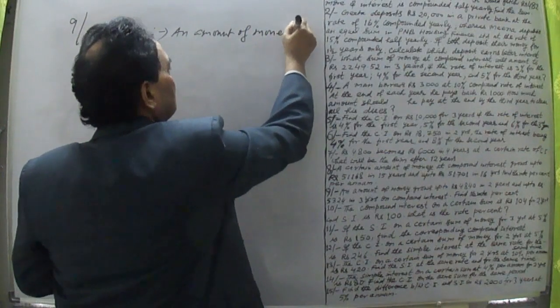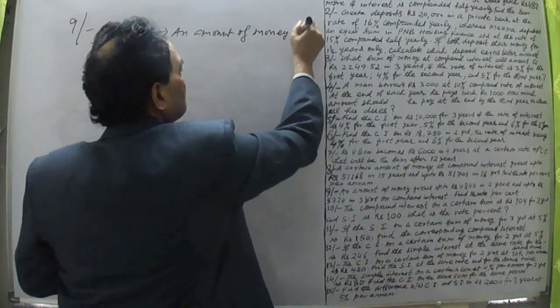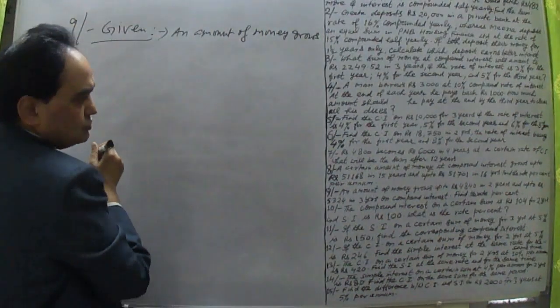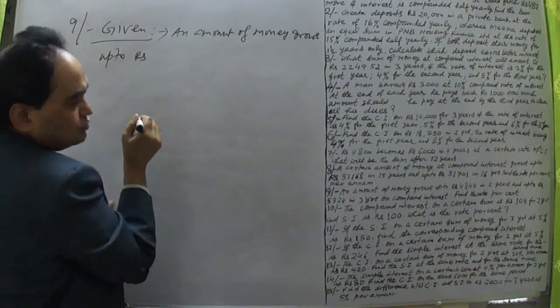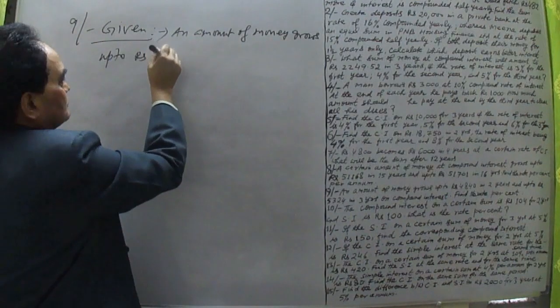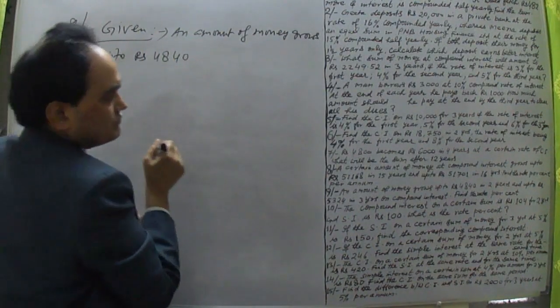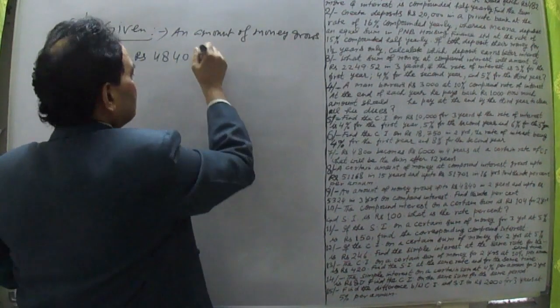An amount of money grows up to rupees 4,840, right, in 2 years.